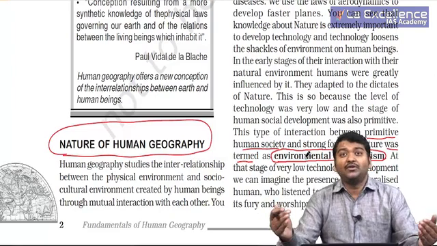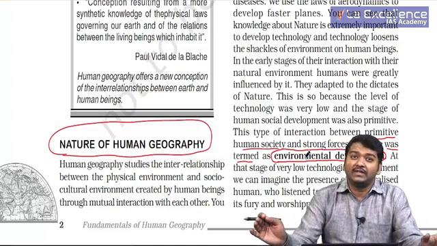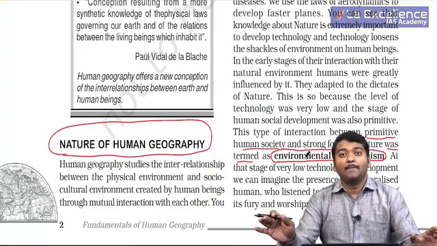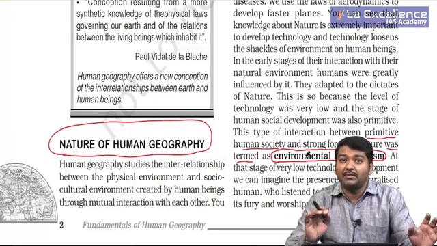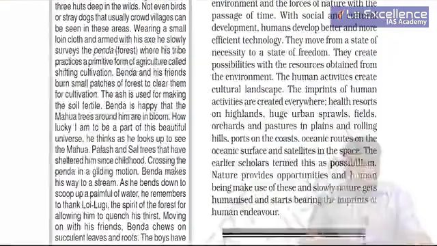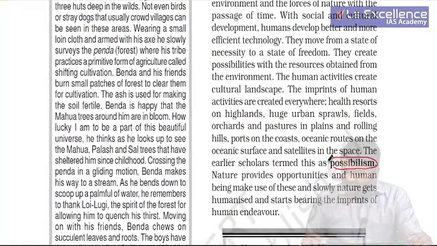So whatever you do, nature at the end of the day will try to balance everything, is the philosophy behind environmental determinism. But when it comes to possibilism, we say that there are enough possibilities that can happen and the man can choose which possibility he wants to happen in the society.